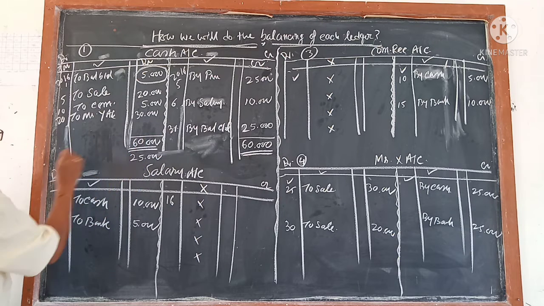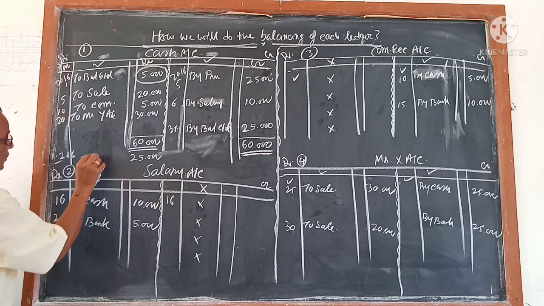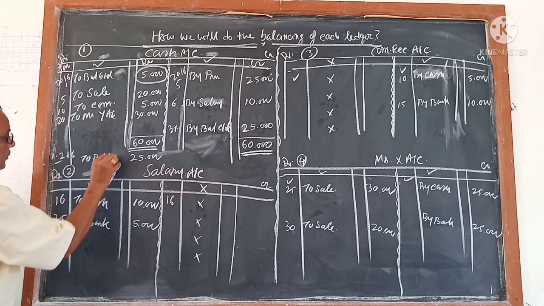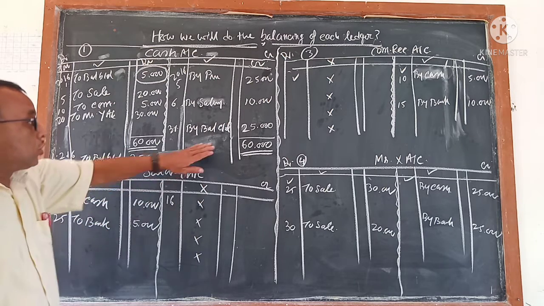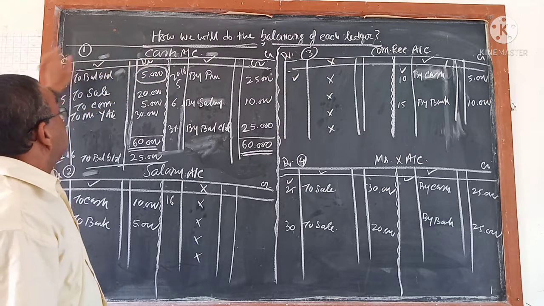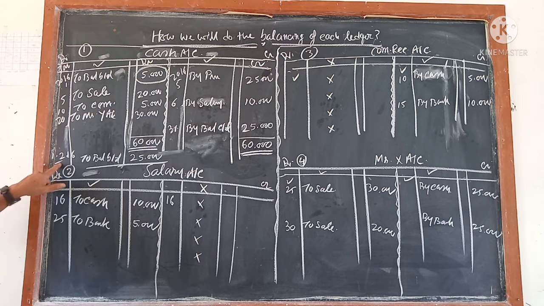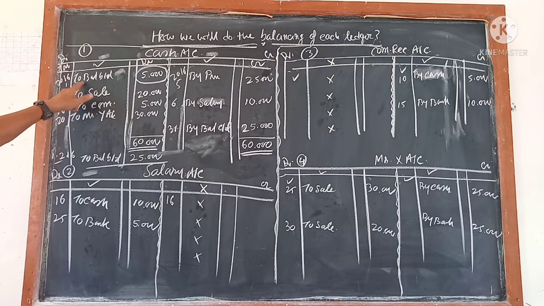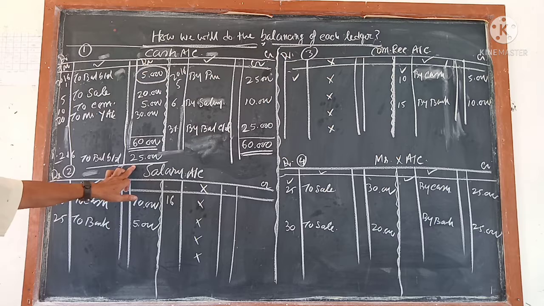This is the 31st, so it means 1st February. On 1st February, to balance BD. BD means brought down. It indicates this is the closing balance of the cash account in the month of January, which you have transferred to the next month as the opening balance on 1st February. Just as you wrote 'to balance BD' here, similarly next month when you open the cash account, I write 'to balance BD 25,000'.